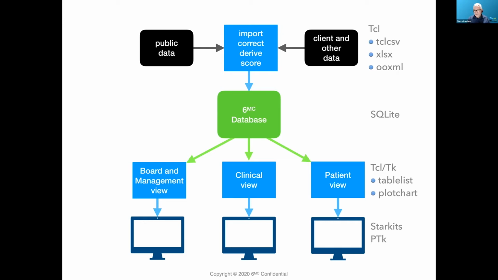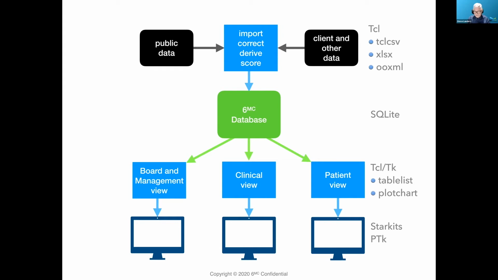The database is SQLite. In the user interface, we make extensive use of Tablelist from Csaba Nemethi, and also Aryan's Plotchart. For deployment, Starkits, and the plan is to use Tk as well, almost certainly with a Tk renderer, but if there wasn't, we'd certainly look at an HTML CSS renderer.